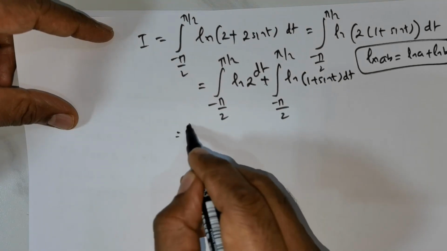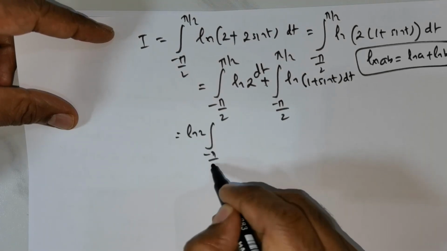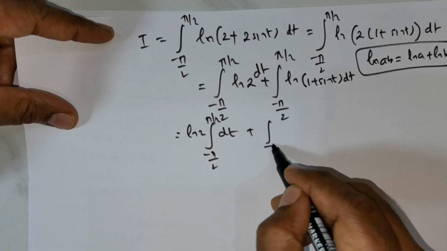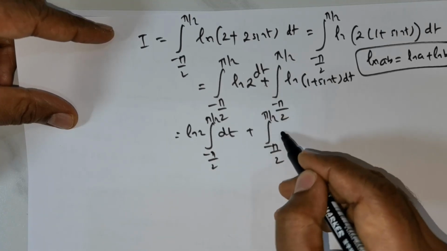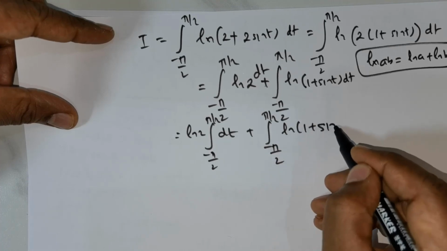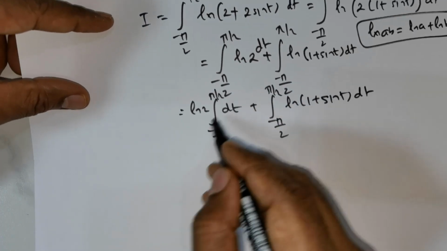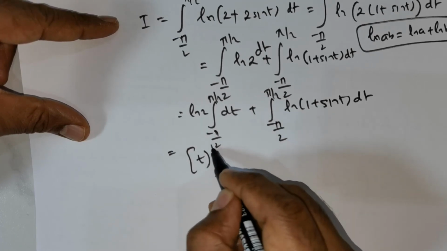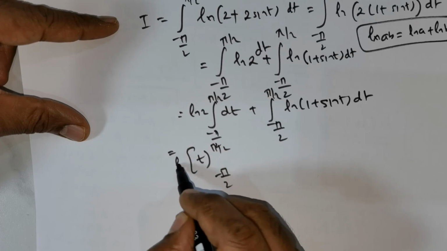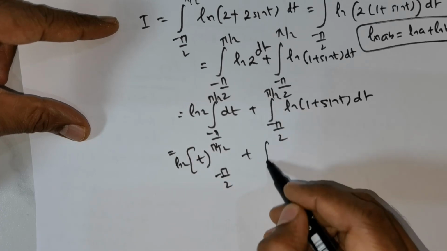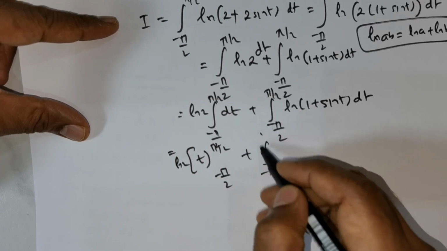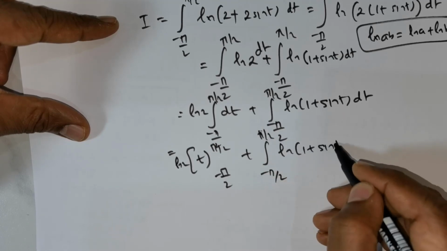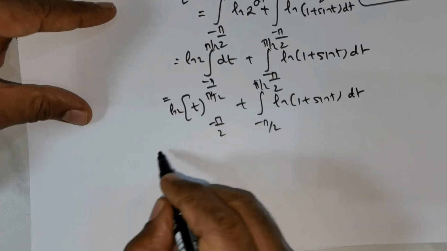If you take ln 2 out, we have the integral of dt from negative pi over 2 to pi over 2, plus the integral from negative pi over 2 to pi over 2 of ln of 1 plus sine t dt. If you integrate this, it is going to give me t from negative pi over 2 to pi over 2. I have a ln 2 there. I'm not going to do anything with the other term, just retain it as it is: the integral from negative pi over 2 to pi over 2 of ln of 1 plus sine t times dt.